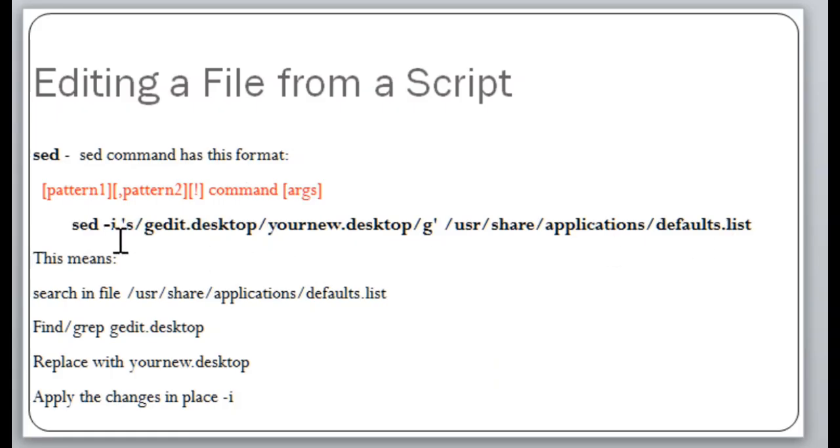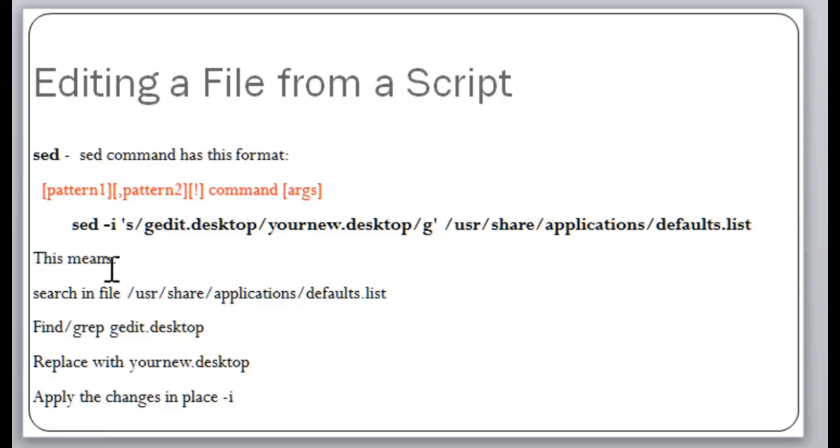We have sed -i, and single quotes, s/gedit.desktop/yournew.desktop/g, and a single quotation mark. Then we have a space, and /usr/share/application/defaults.list. So what's going on in this command here?